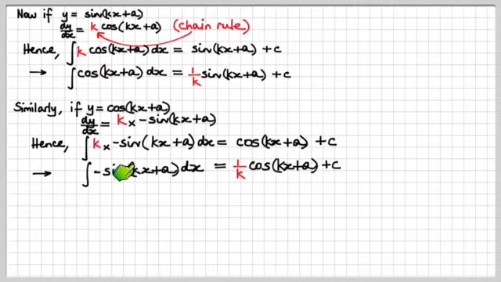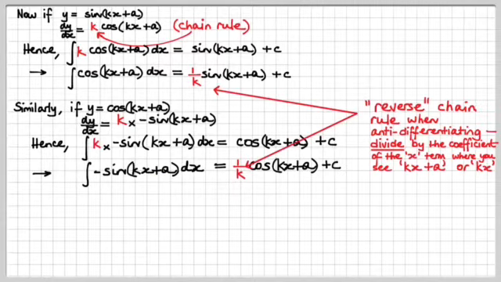Without the 1 over k, we would get minus k sine kx plus a, wouldn't we? We would indeed. So it's a reverse chain rule operation. When anti-differentiating, we divide by the coefficient of the x term where you see a kx plus a or a kx in the vital spot.